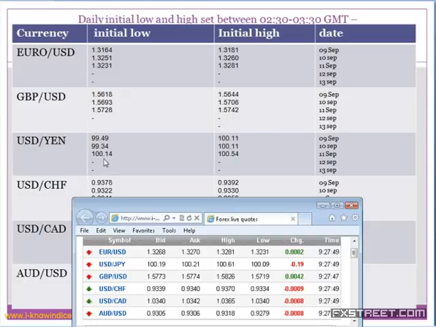Then in the case of USD yen, 100.14 was the initial low, and they breached and made a new low, 100.09, and went up. And 100.54 was the initial high. They breached and formed 100.61.